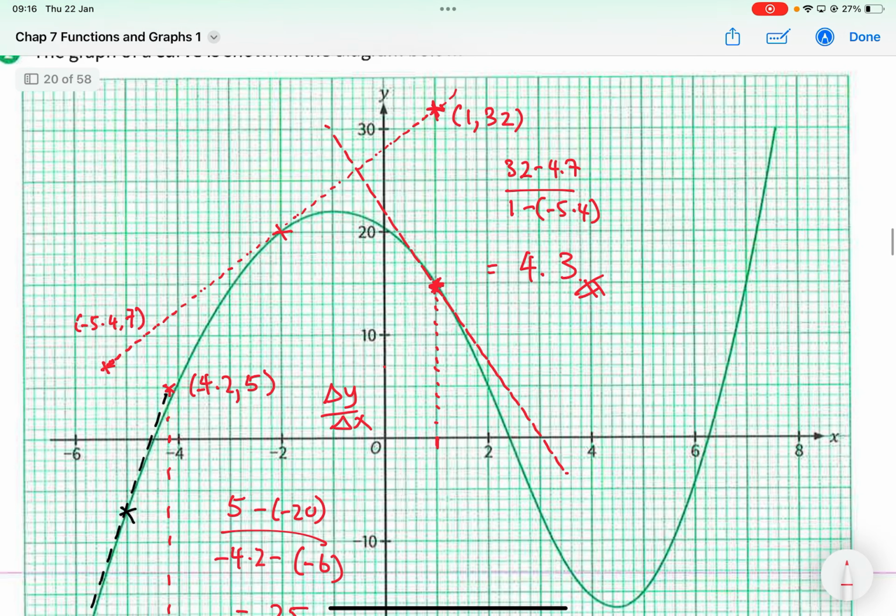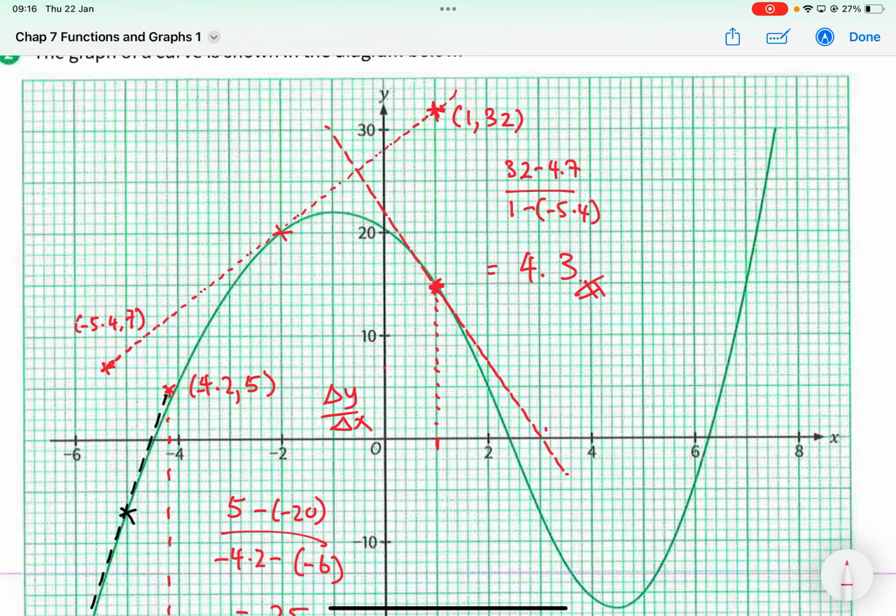Okay, fit in the straight line. This point is nice, 3, 0. This point also can, negative 1, 30. Okay, 30 minus 0 over negative 1 minus positive 3. 30 divided by 4, 7.5.